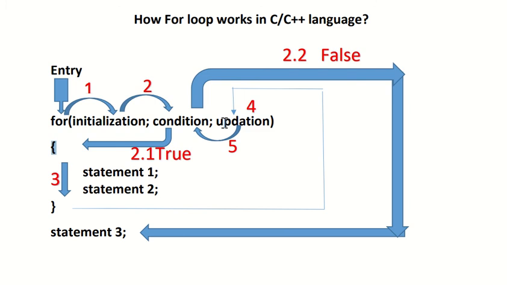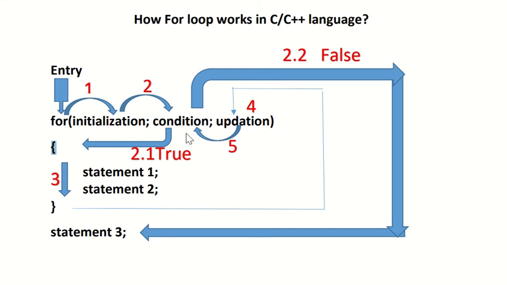Once you're done with the updation part, again you go and check the condition. That's why number 5 is there. Again you check the condition. If the condition is true, again the same thing: 2.1, 3, then 4 updation, and again 5, the condition. If it is true, you follow these steps.